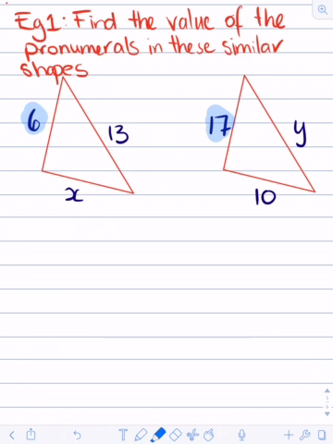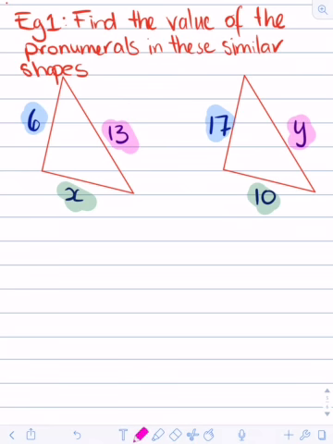If you use that method, please continue using that method, but today we're only going to be using cross multiplication. So I have 6 and 17, and then I have 13 and y, and I also have x and 10. So they're my matching sides for this shape.